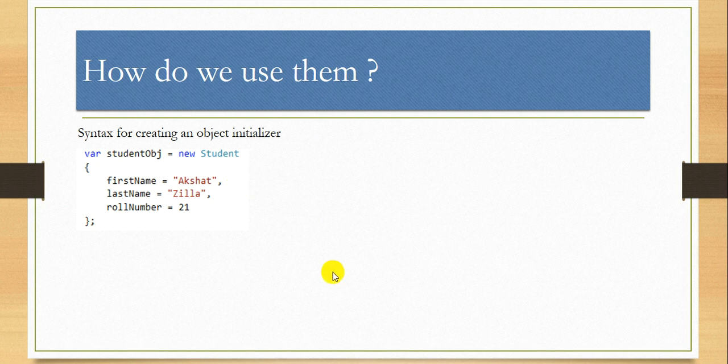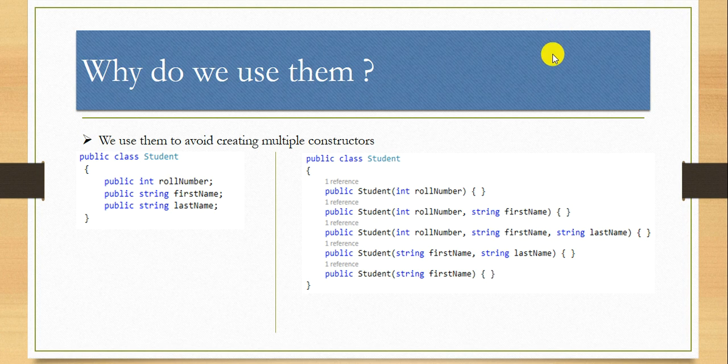And in another case, if you want to initialize only the first name field and the last name field, that is also possible. But in case of a constructor, for example, if you want to initialize only the first name field, then you have to create a 1 parameter constructor. And if you want to initialize the first name field and the last name field, then you have to create a 2 parameter constructor, and so on.